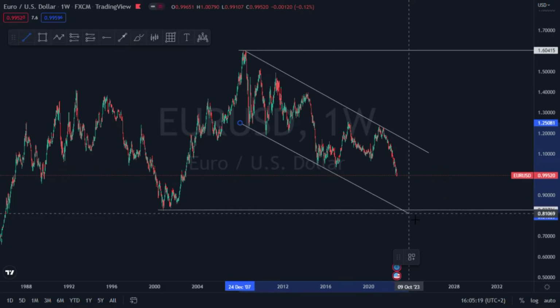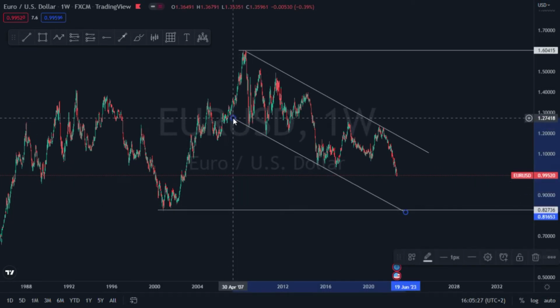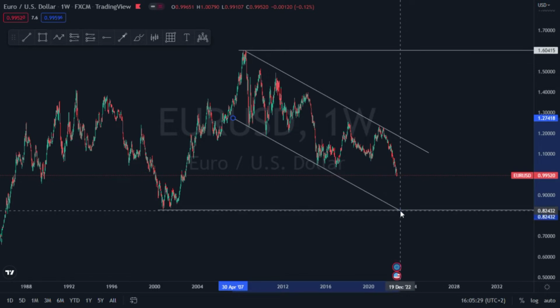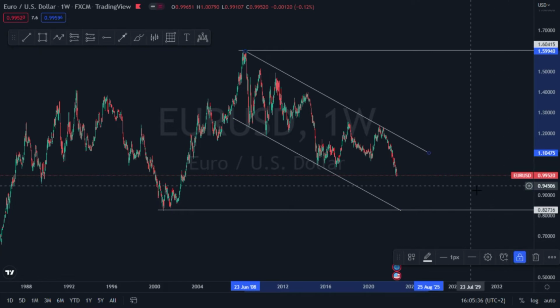So we anticipate our third touch right here when the market reaches these levels, which is our demand zone, our demand level. So the market still has to push to the downside.